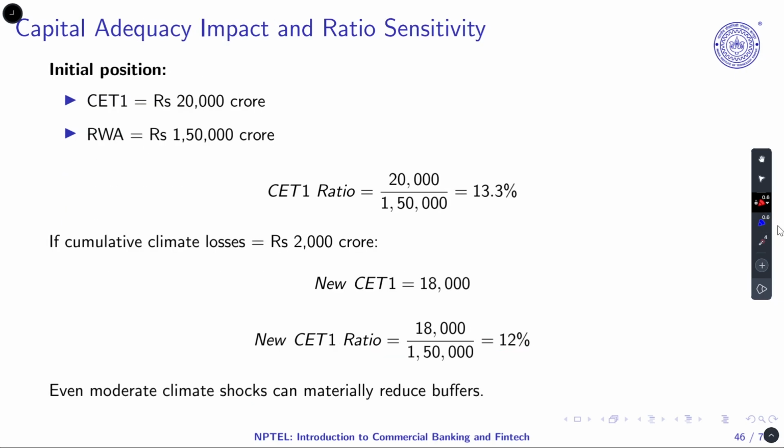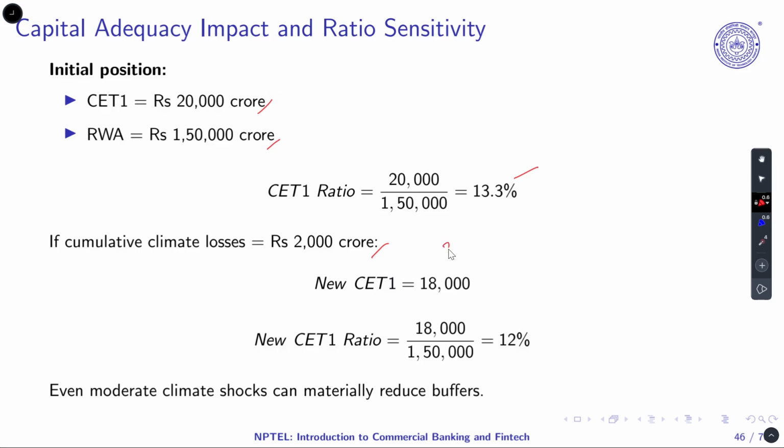Now second, we look at capital adequacy and ratio sensitivity. CET, we know, is 20,000 crore. Risk weighted assets, we know, are 1,50,000 crore. So the ratio is going to be 13.3%. If the cumulative climate losses are 2,000 crore, you can see that 2,000 crore will be eaten from this.